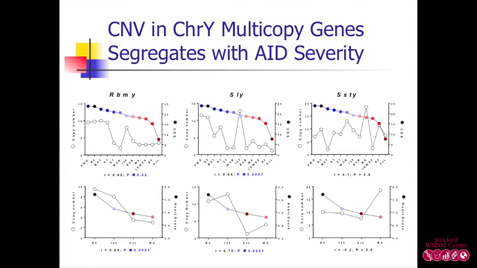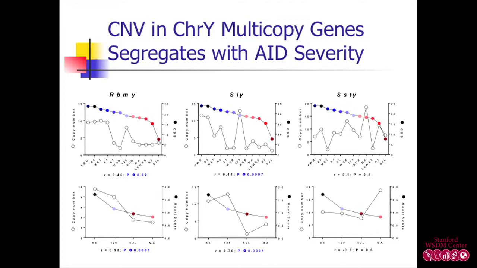So we first looked at RBMY, and this again is the cumulative disease scores correlated against the copy number for RBMY, and there was a significant correlation of RBMY with susceptibility to EAE and susceptibility to myocarditis. We looked at SLY, and again there was a significant correlation of SLY copy numbers with susceptibility to EAE and a significant correlation with myocarditis.